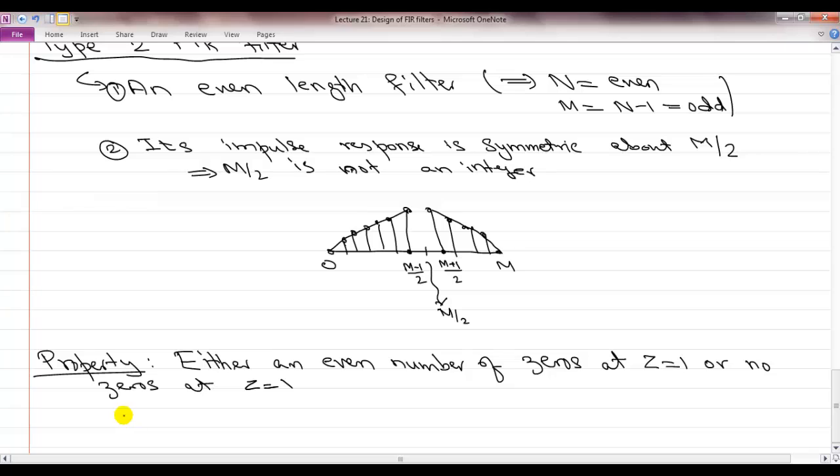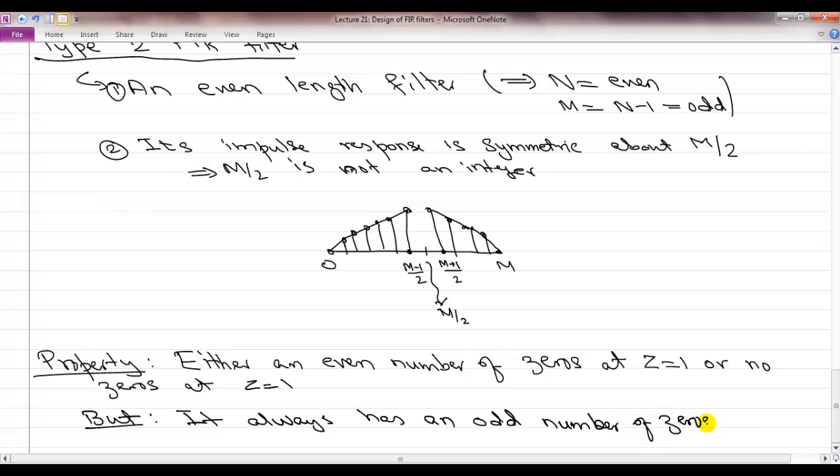It is the same as type 1, but the second condition is pretty stringent. It always has an odd number of zeros at z equal to minus 1.